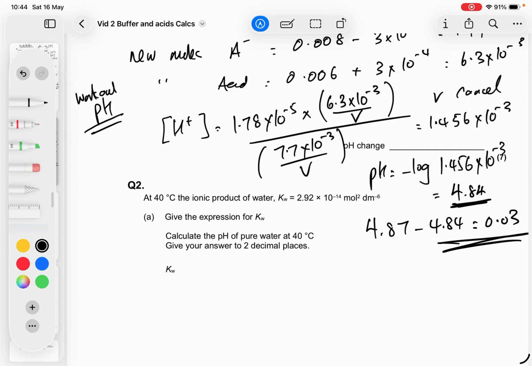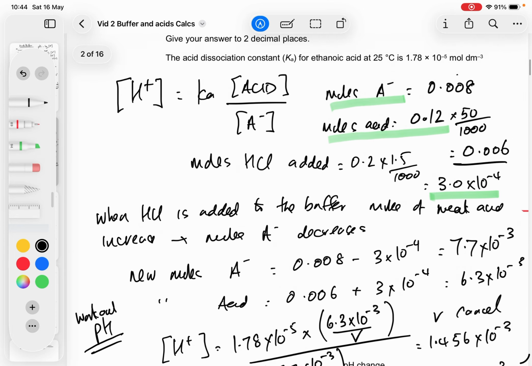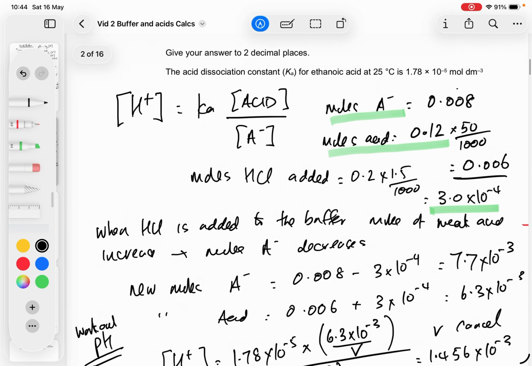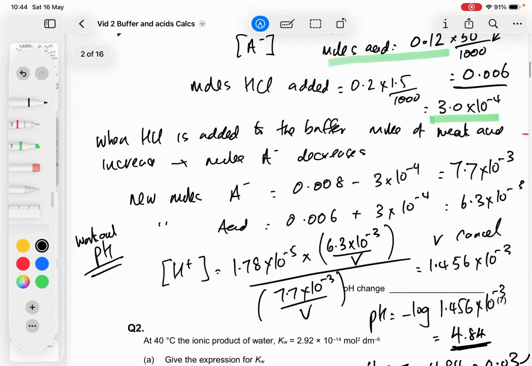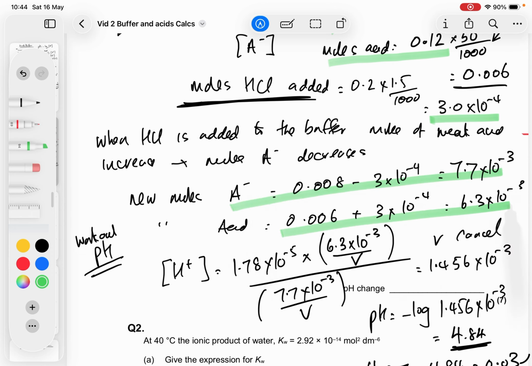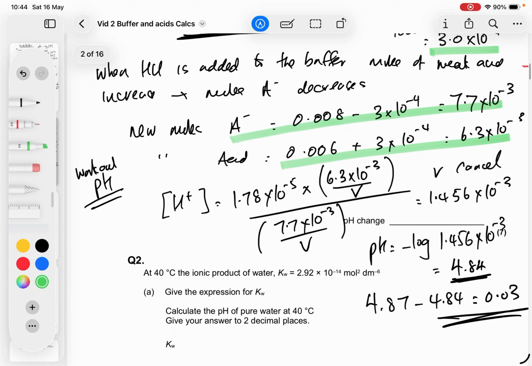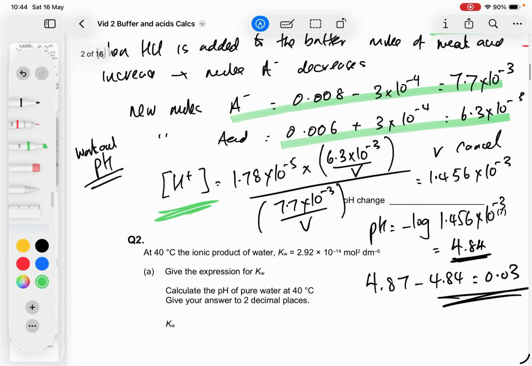That's how you would do a buffer calculation. Very important, pause the video to watch what's going on. So I worked out moles of the salt, moles of the acid, then I worked out new moles when HCl is added. The moles of A- goes down, the moles of acid goes up. Then substitute into the formula. So that's a calculation there.